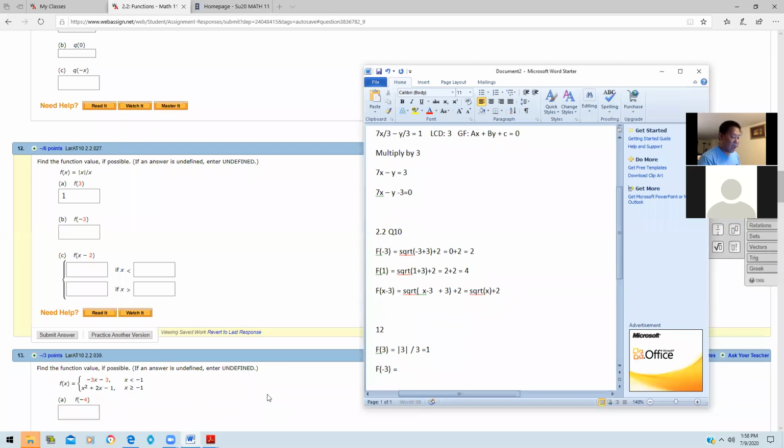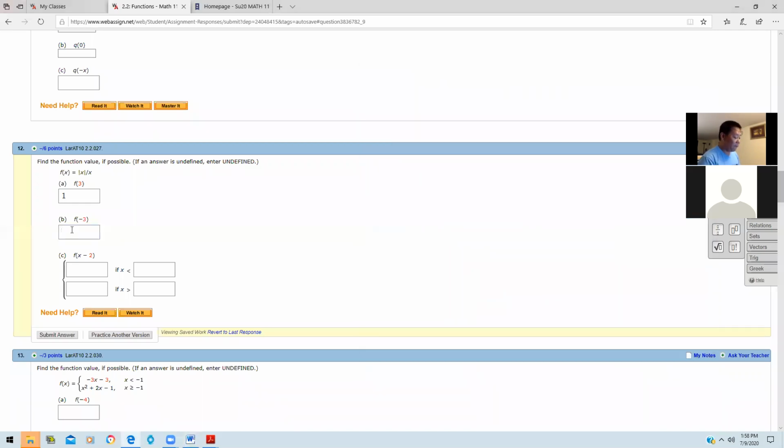So you will get absolute value of negative 3 divided by negative 3. Since the absolute value of negative 3 is 3, and the denominator is still negative 3, this gives me negative 1. So f of negative 3 is negative 1.